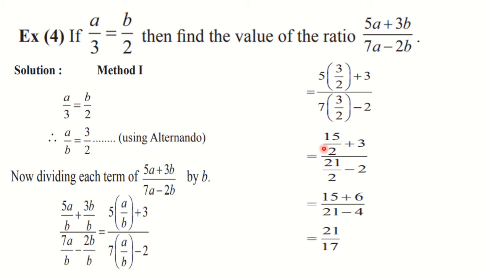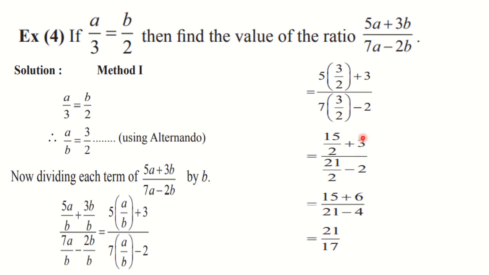Then here we have addition and here we have subtraction. But you know that when we add or subtract, the denominator should be equal. So here you have to multiply by 2 throughout, and here you have to multiply by 2 throughout. So when you multiply here by 2, the 2 and 2 will get cancelled and you will get 15.